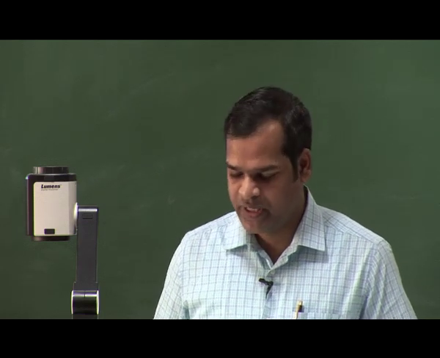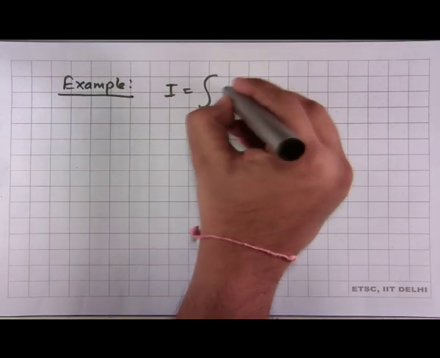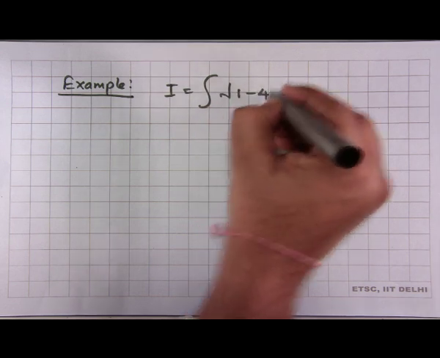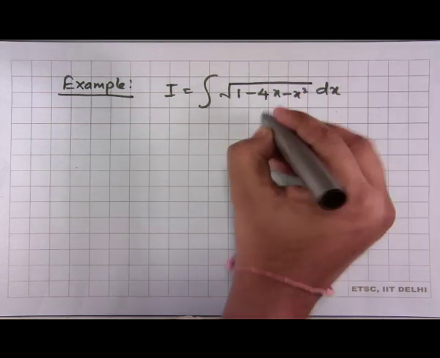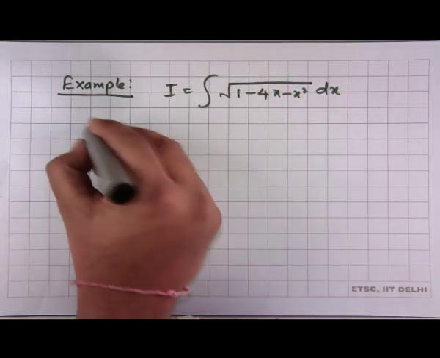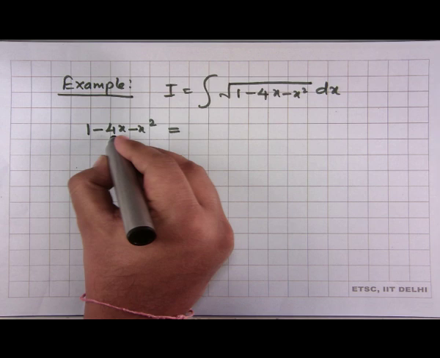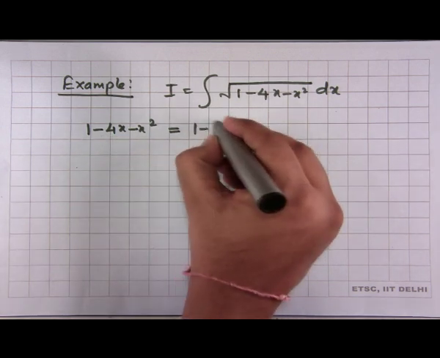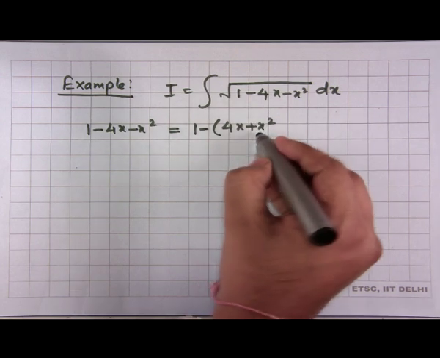I will give you a quick example. Let us try to find out the integral of square root of 1 minus 4x minus x squared dx. So, you can easily see that you can write 1 minus 4x minus x square as 1 minus (x square plus 4x). So, it is x square plus 4x.